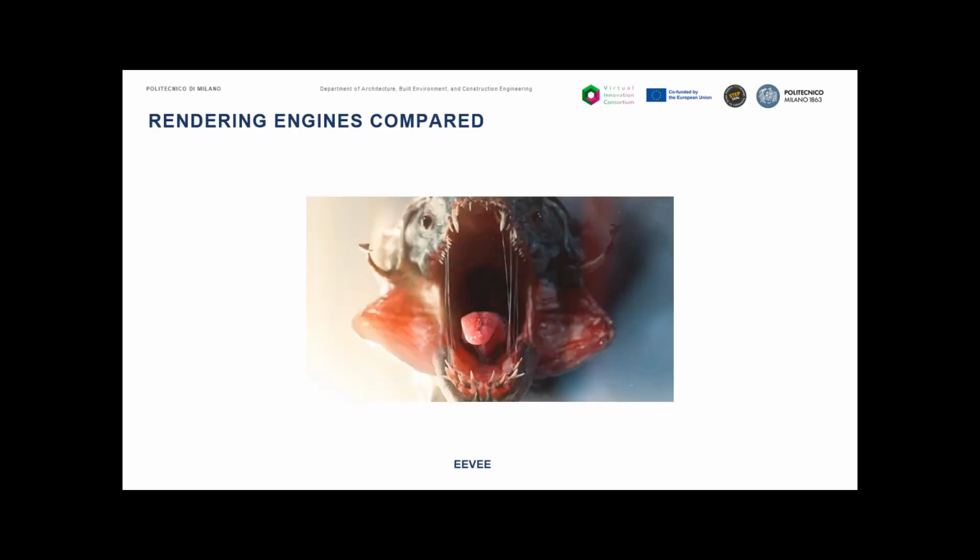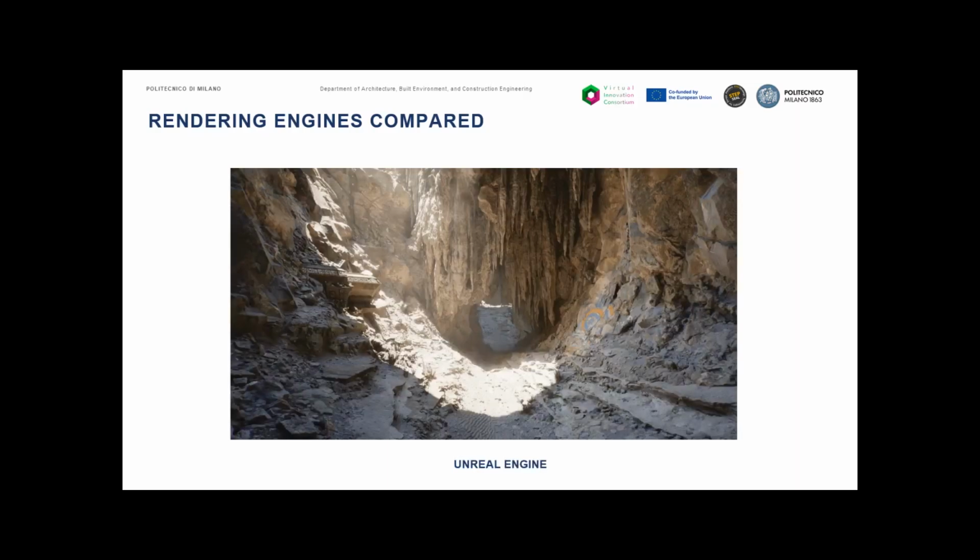Then we have Eevee, also from Blender. It's a real-time rasterizer. It's used in animation previews, motion graphics, and any context where speed takes priority over physical accuracy. Then we have Unreal Engine with Lumen, which implements hardware-accelerated hybrid global illumination. It's real-time, with lights dynamically updating and no pre-computed light maps.